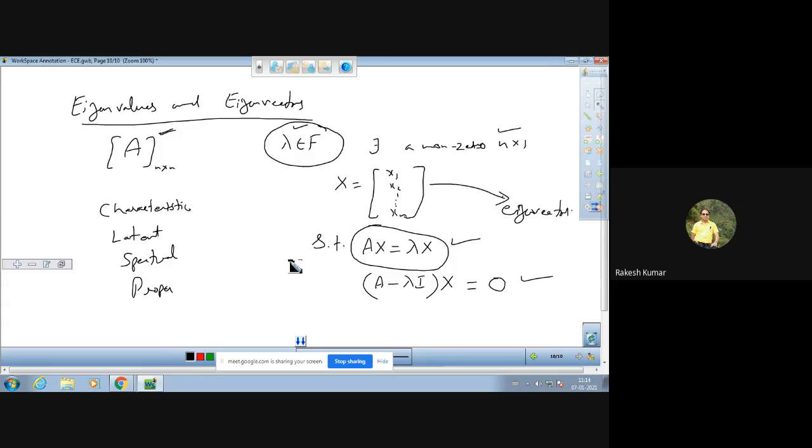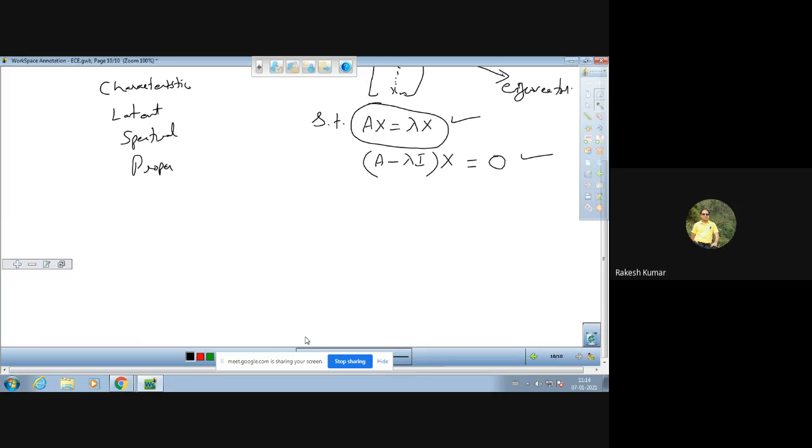And one more property related to eigenvalue is there.